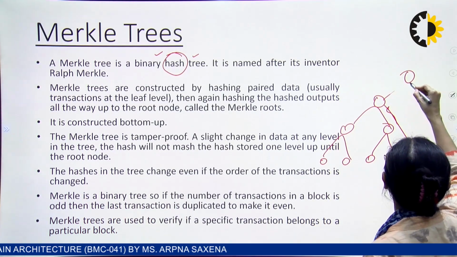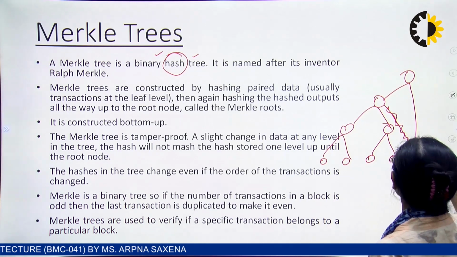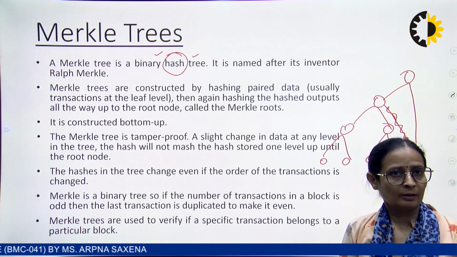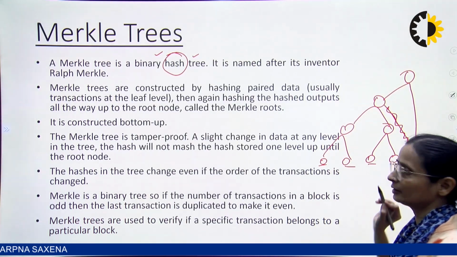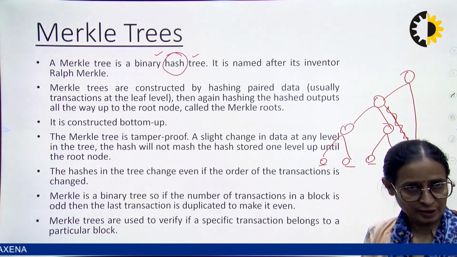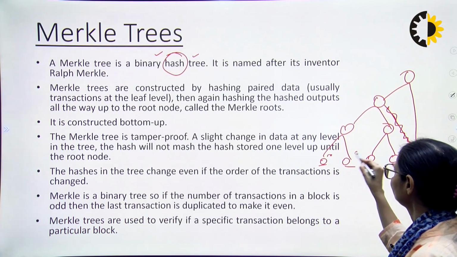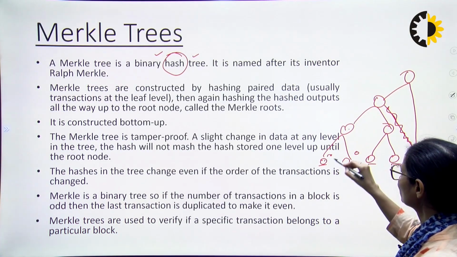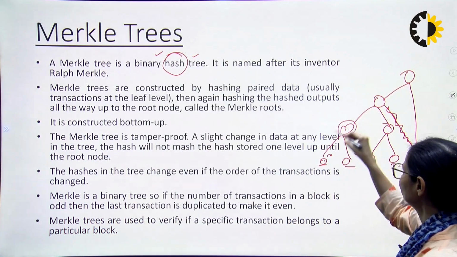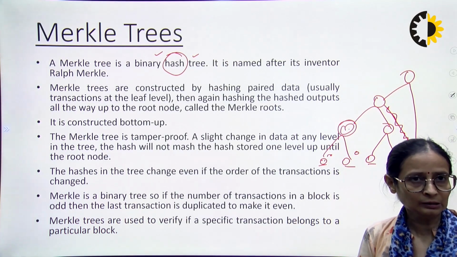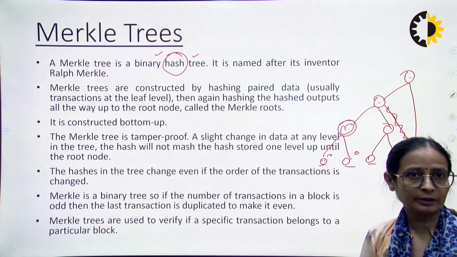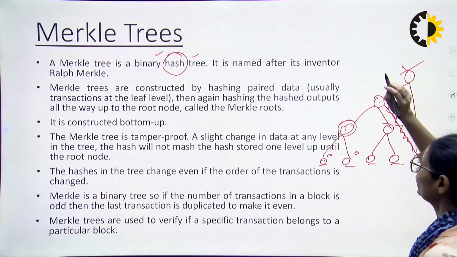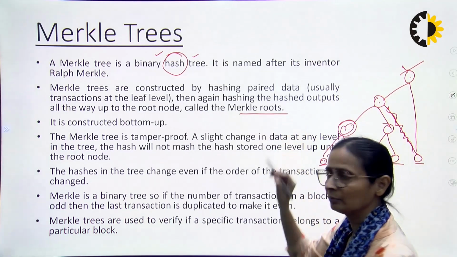Now this leaf node consists of my transactions' hash values. These two transaction hash values combined together give a unique hash value, and in this way the hash values up to the root got generated, and this is the root node which is known as the Merkle root.